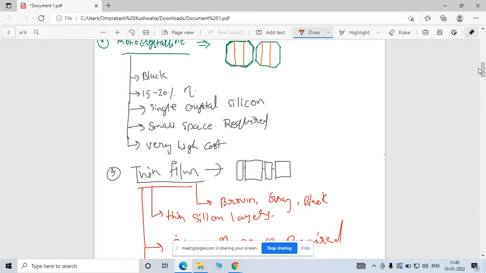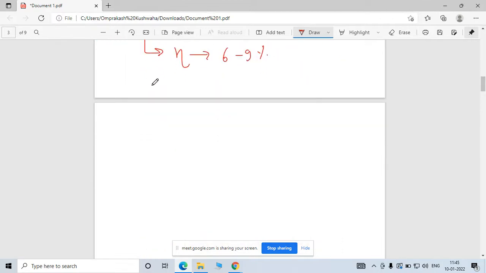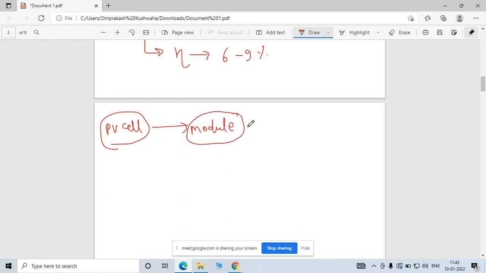A PV cell, photovoltaic cell, and the combination of different PV cells becomes a module. The series parallel connection of different modules you can call a panel. And the combination of different panels you can call an array.